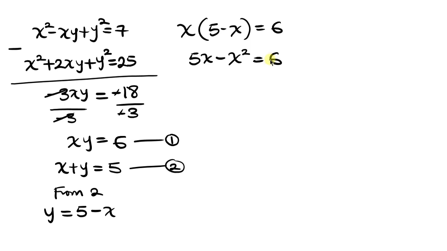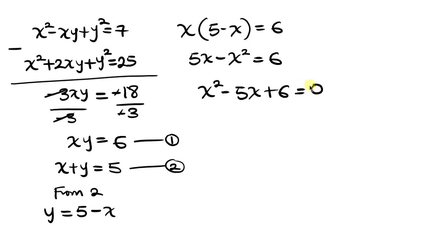Our next step will be for us to move everything on the left hand side to the right hand side. So moving negative x squared to the right, it becomes positive x squared. Moving 5x to the right, it becomes minus 5x. I've already got 6 on the right, so plus 6. This is equal to 0.